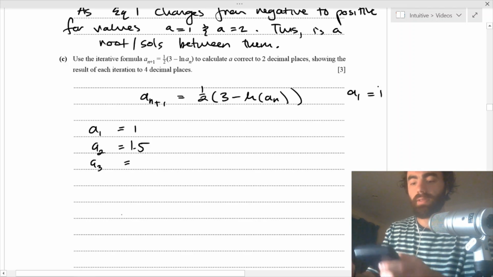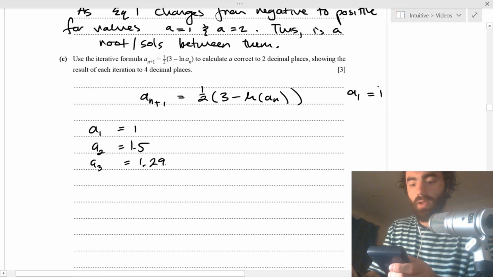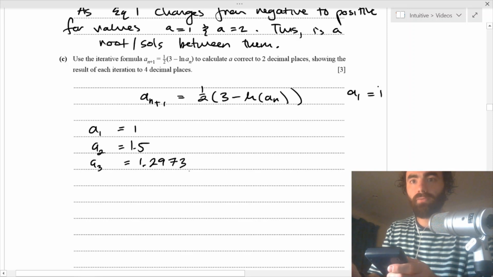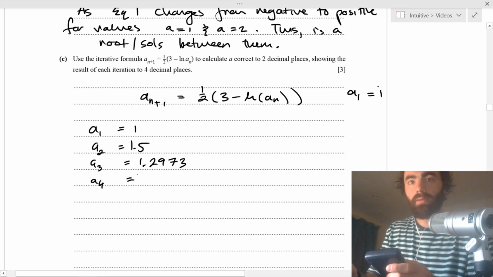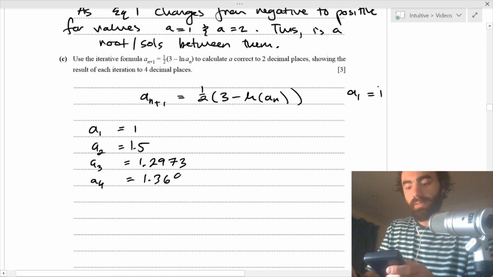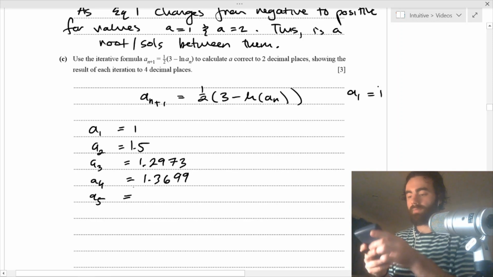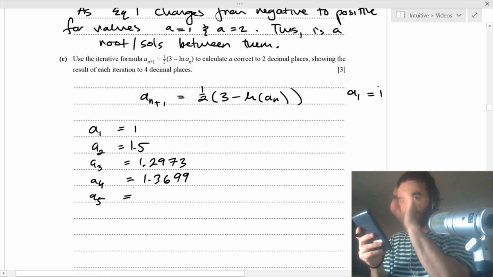The next one is 1.2973. That's 4 dp. A4, answer again, 1.3699, A5, and you just continue through until you get to a stable point where it's just fluctuating a little bit.